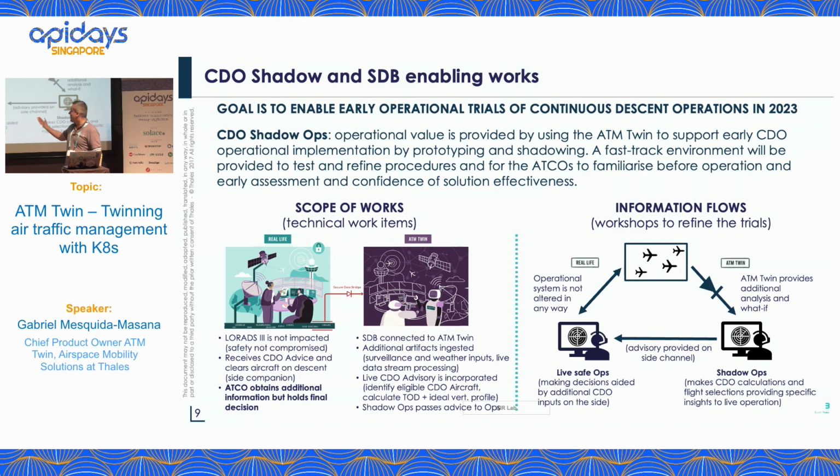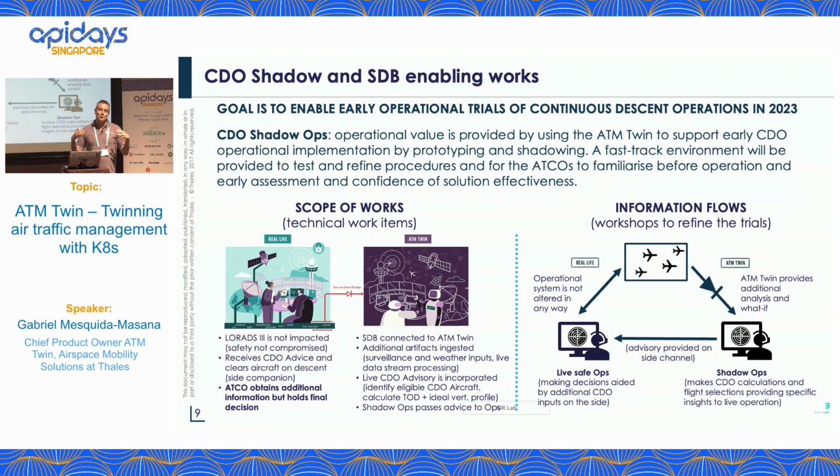So one of the things that we have developed that we're going to test in a couple of weeks is an advisory system that, since now we have all the information outside of the safe system, we're able to identify which are the aircraft that should have priority for landing, so they can do a CDO without affecting all the flights.